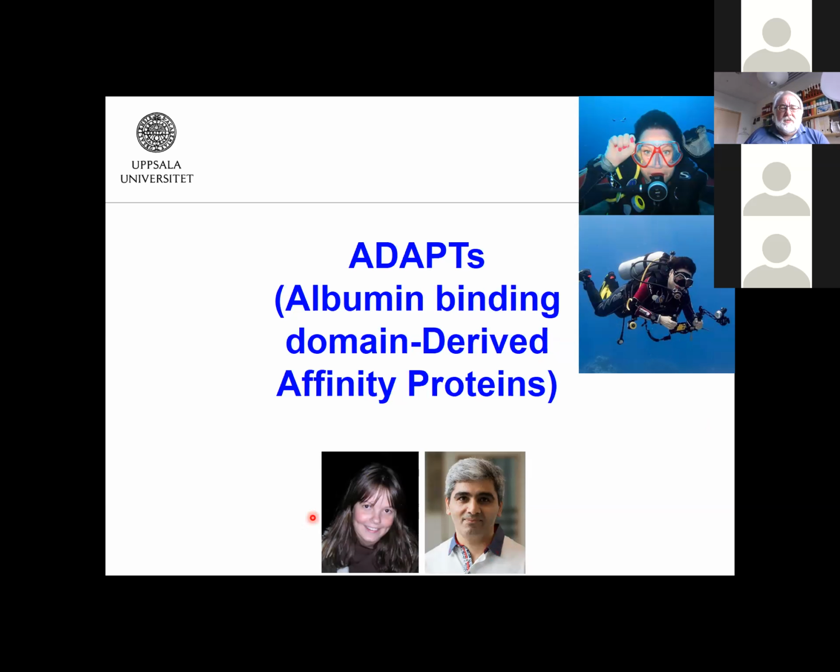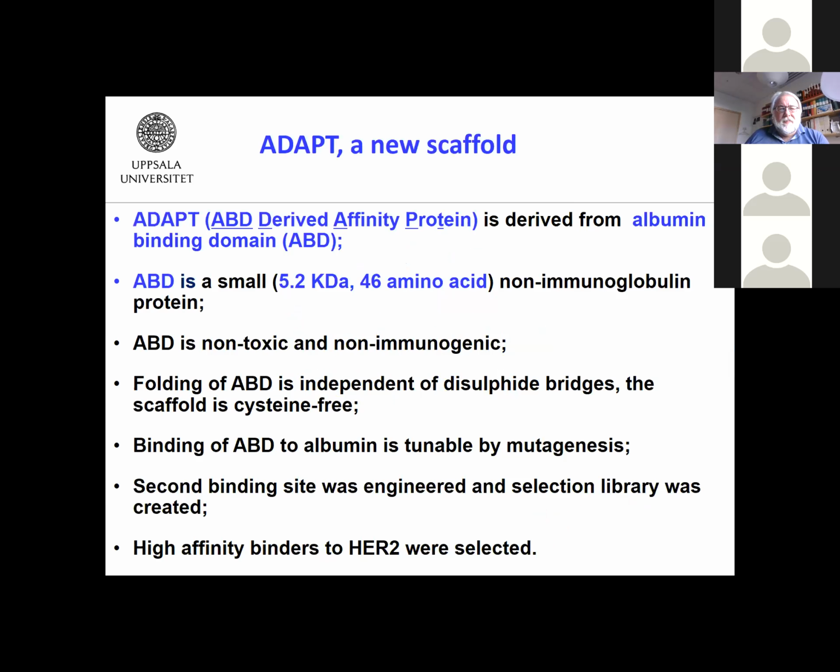And major work in this project was done by two PhD students, Sarah Lingbu from Royal Institute of Technology, who made the biotechnology part, and Javad Garusi from my group, who made labeling chemistry and preclinics.